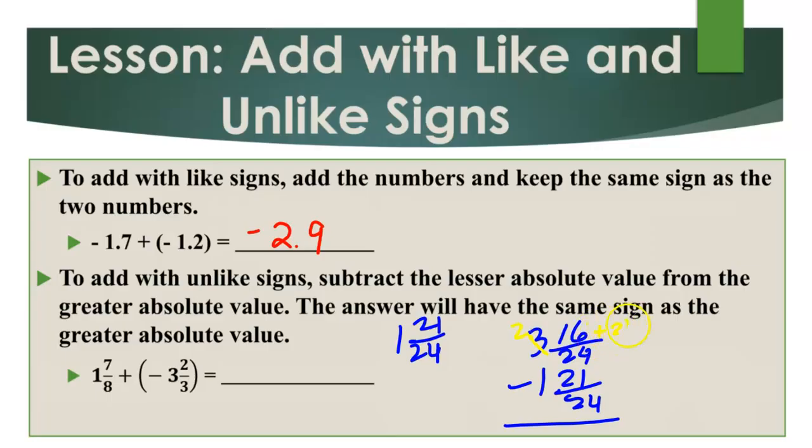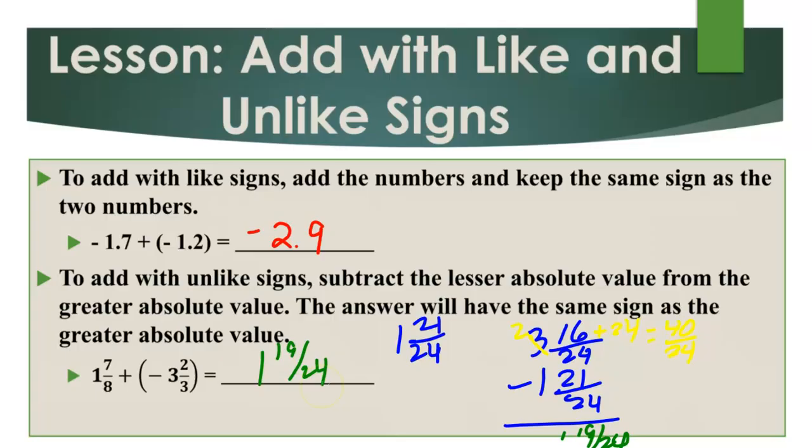So if I add 24 to here, this is now going to be 40 over 24. Now I can do 40 minus 21, which is going to give us 19 out of 24. And then I have 2 minus 1, which is 1. So this would actually give us 1 and 19 out of 24.